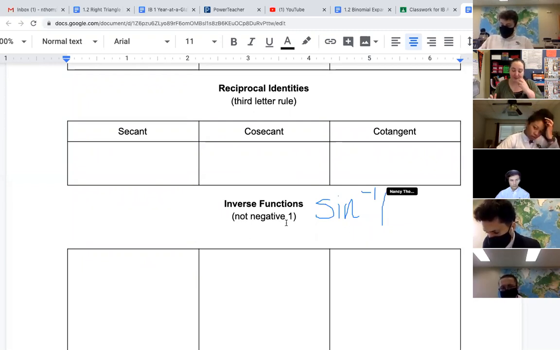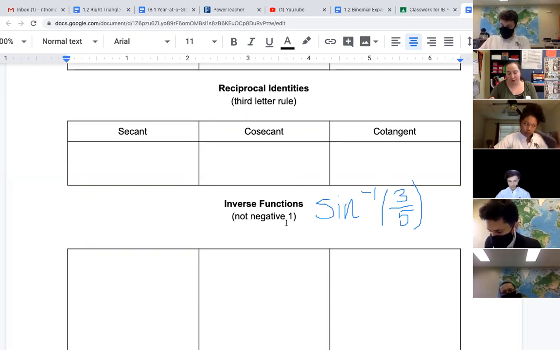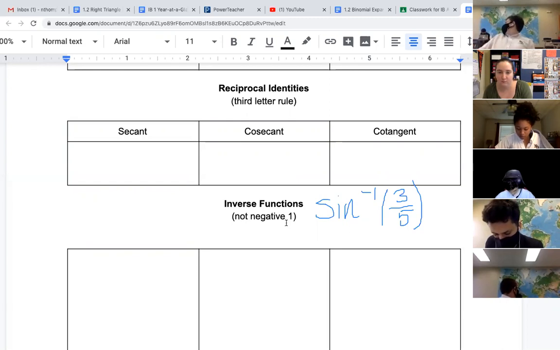Okay, so if I said the sine inverse of 3/5, if your calculator is in degrees, go ahead and put it in degrees. What does your calculator tell you it is? 36.87.